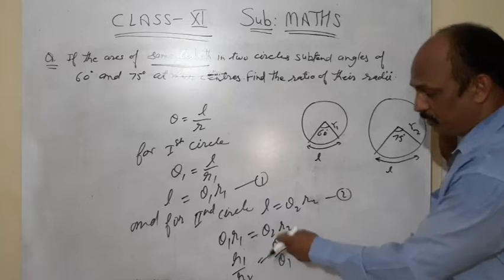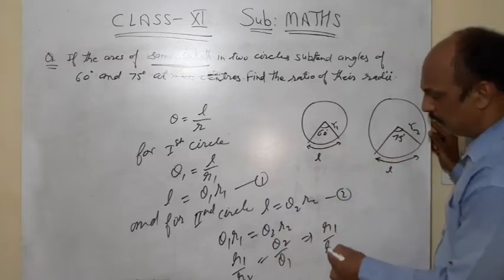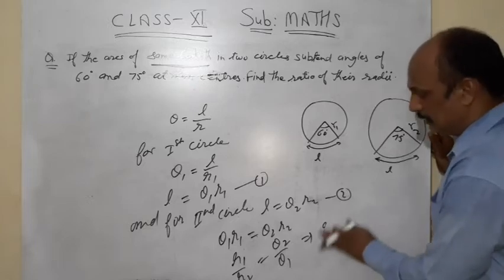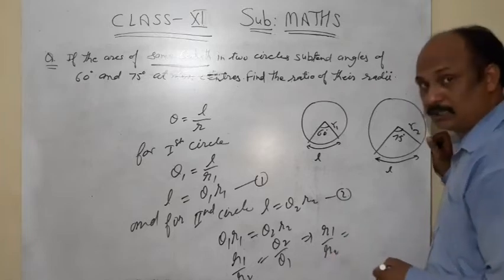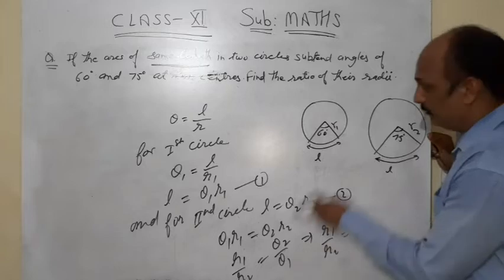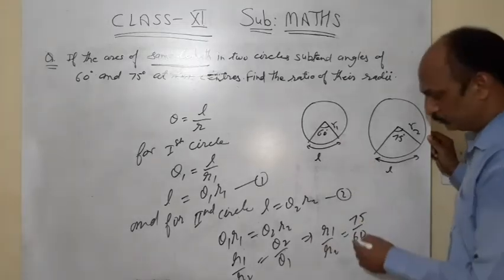If we put the value of theta 1 and theta 2, then R1 upon R2 is equal to, what is theta 2? 75. What is theta 1? 60. So 75 upon 60.